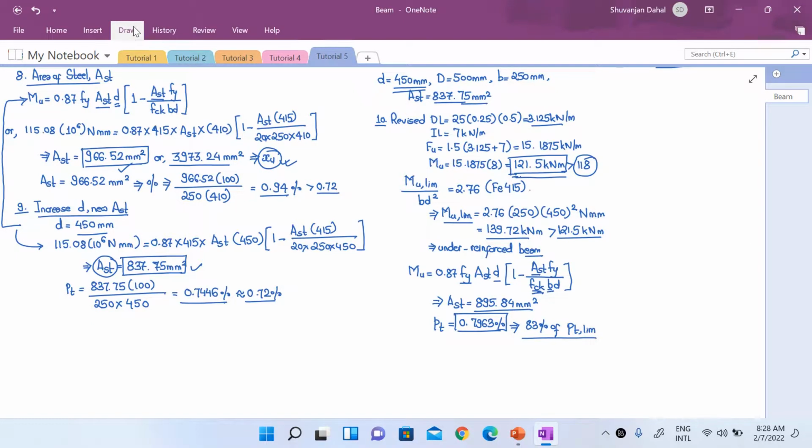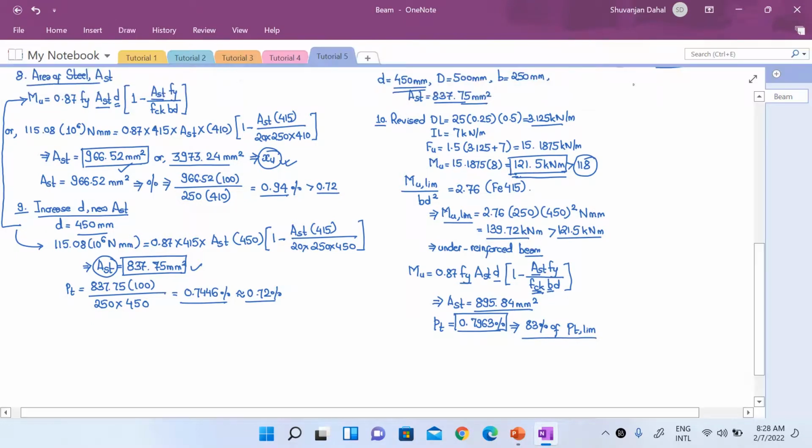Finally, our final design results. The width of our beam is 250 mm. The effective depth is 450 mm. The total depth is 450 plus 50, 500 mm. And the area of tensile steel reinforcement is 895.84 millimeter square.